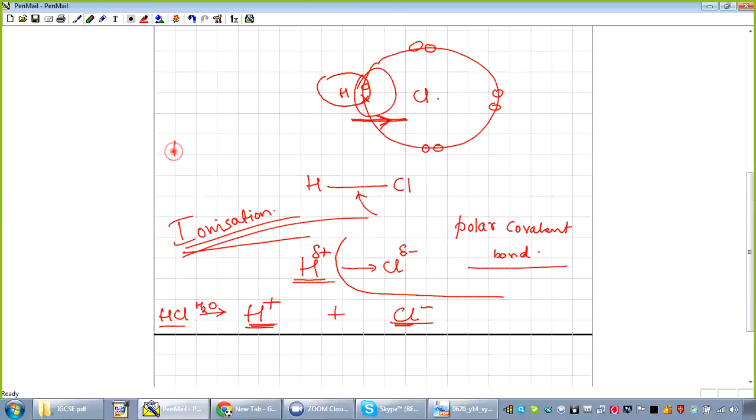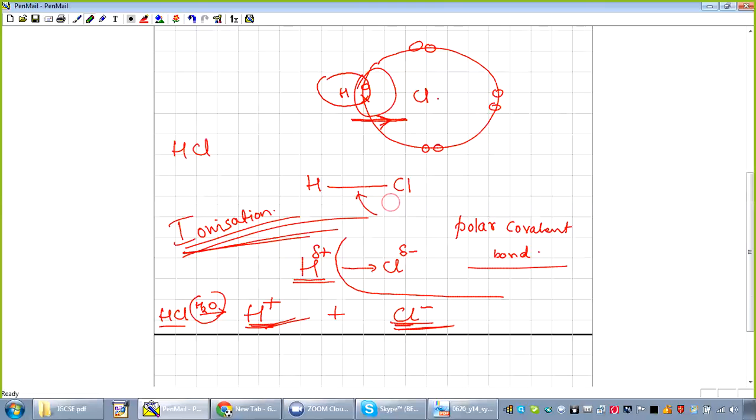Before, it was an HCl molecule, although polar covalent, but there were no water molecules. After it is dissolved in water, the chlorine atom completely takes away the electron, forming Cl minus, that is the chloride ion, and H plus ions. So this is the process of formation of ions. Therefore, this is the process of ionization.